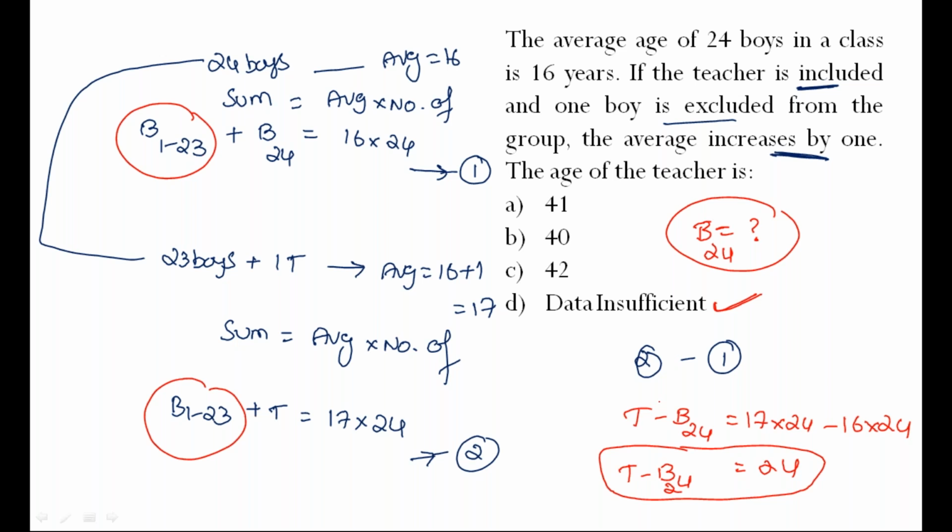Otherwise, you can't find the age of the teacher. Data insufficient. But guys, don't worry. A lot of questions will mention the age of the person who is excluded, you can include it and you can solve. But for this question, because some questions may end with data insufficient, cannot be determined, this is one among that, my dear friends. So just stick on for this as well.